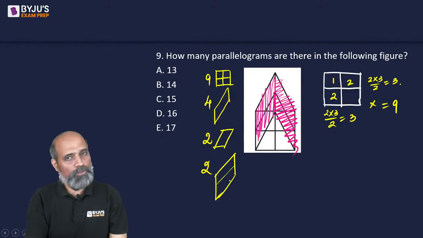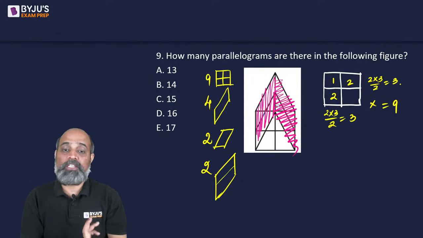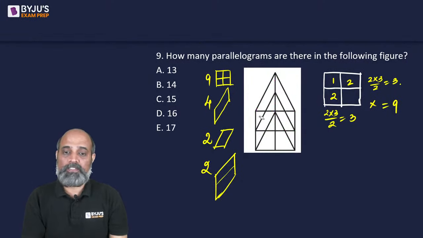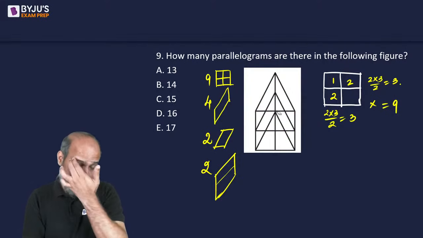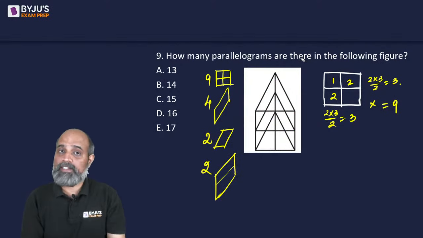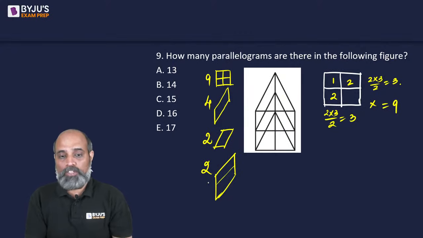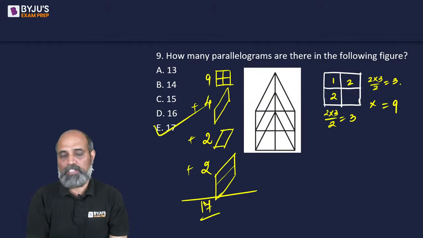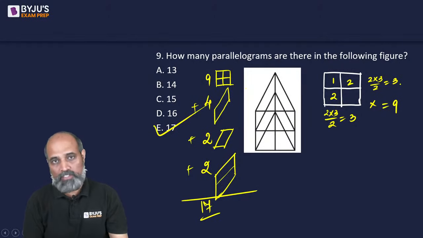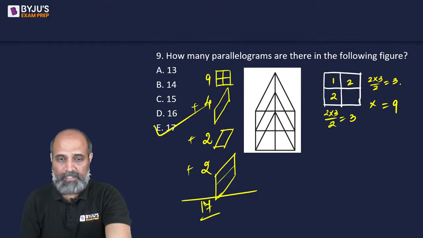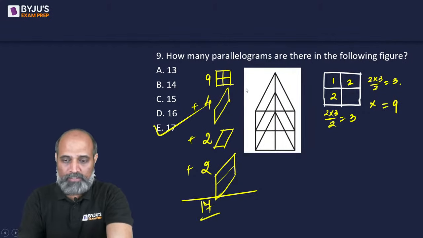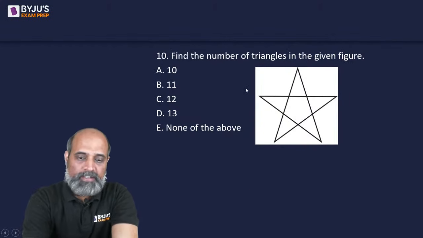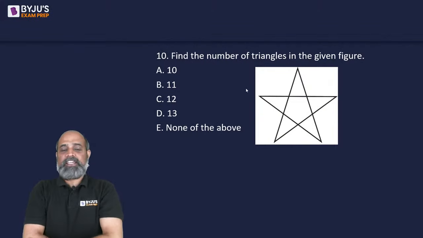So left and right दोनों side मिल रहा है, right? So you get two more. So we have looked into the largest ones, the smallest ones, the part of the larger ones, and then the squares and the rectangles. So we get a total of, if you add 8 plus 9 is going to give us 17. 17 एक बार आ गया largest number in the options, we are pretty sure इसके beyond तो नहीं जाना, right? चलो, good. Next one, find the number of triangles in the given figure.